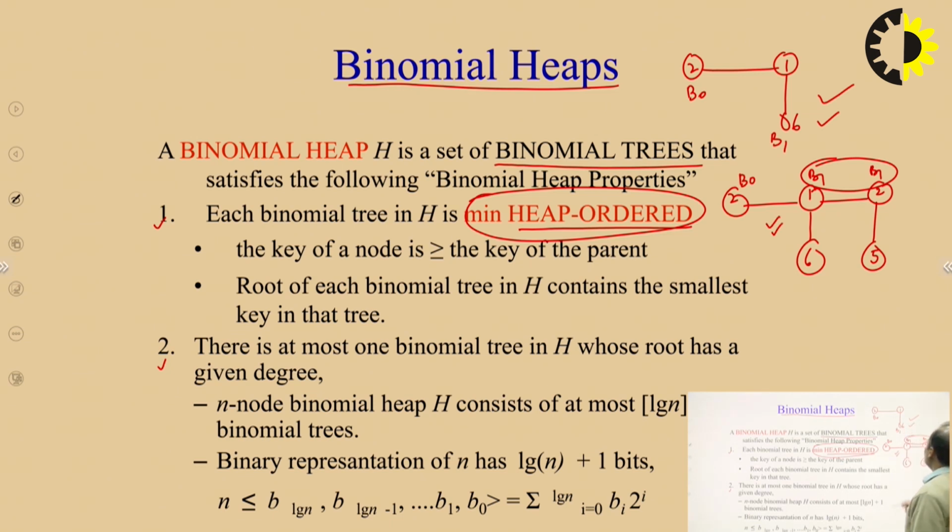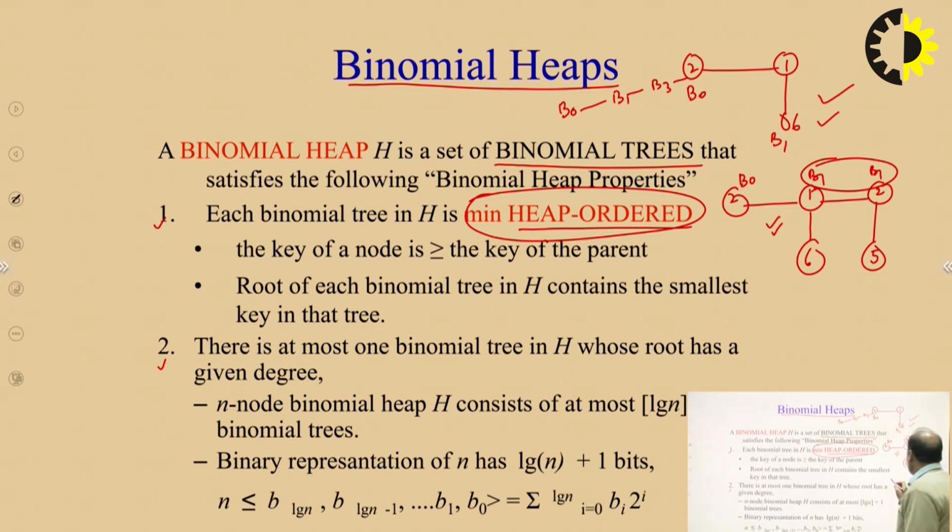Second thing, once you write B0, then the next one is either B1, B2 or something. You cannot have B0, then B1, then let's say B3, and after B3 write B2. You know that this is not an ordered tree.